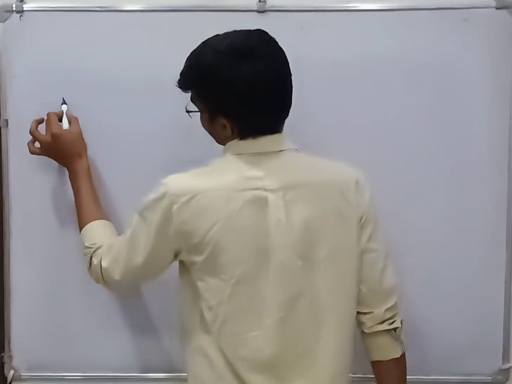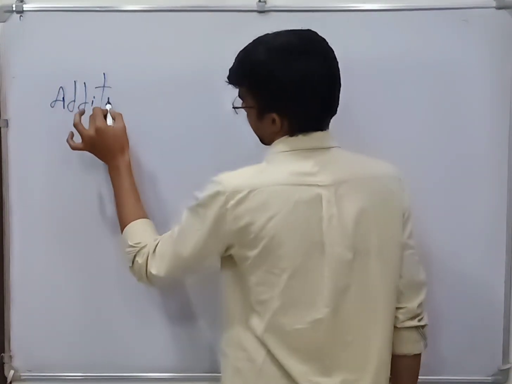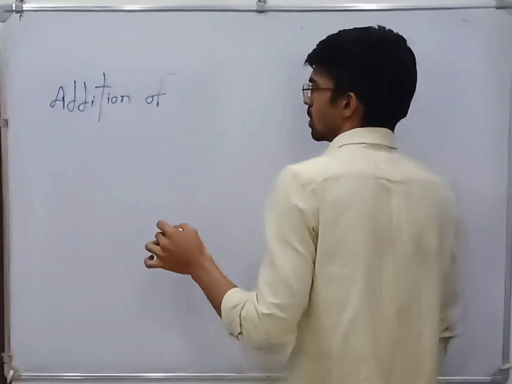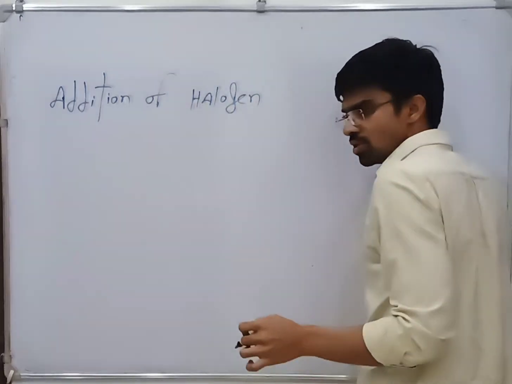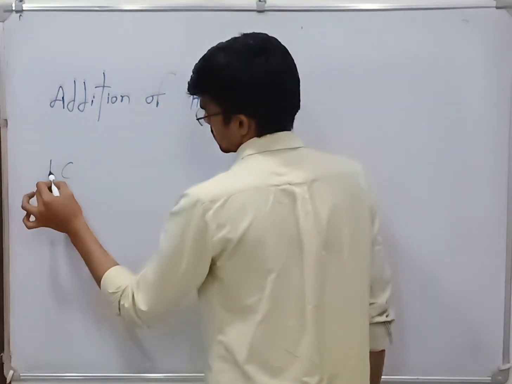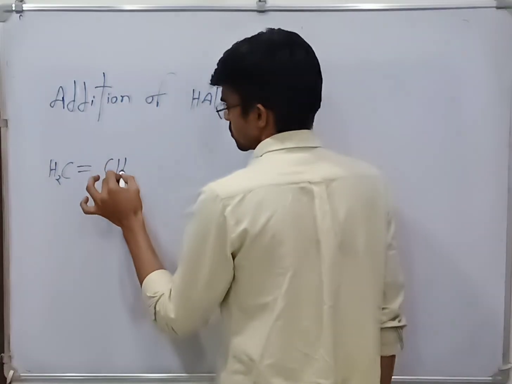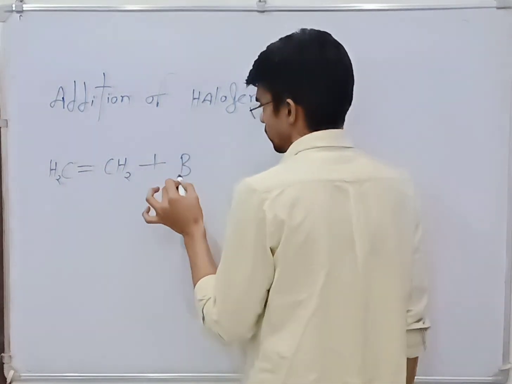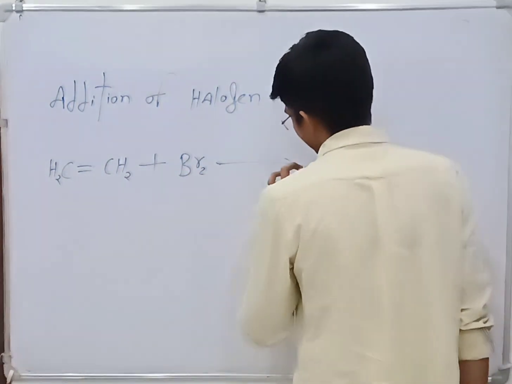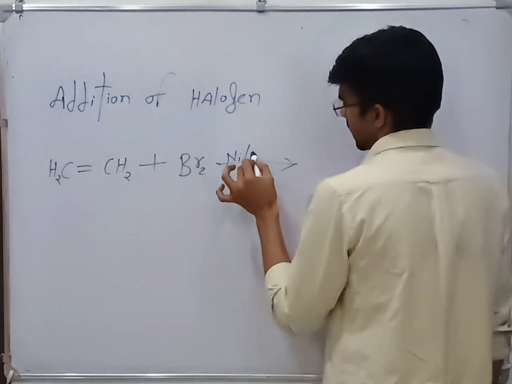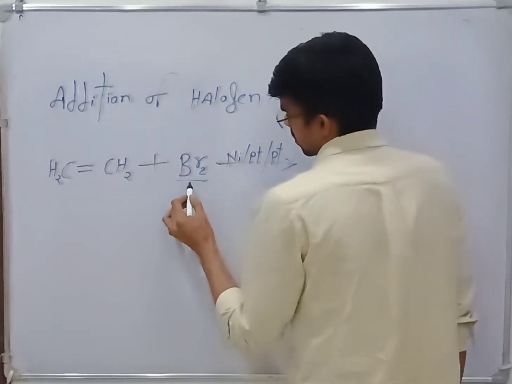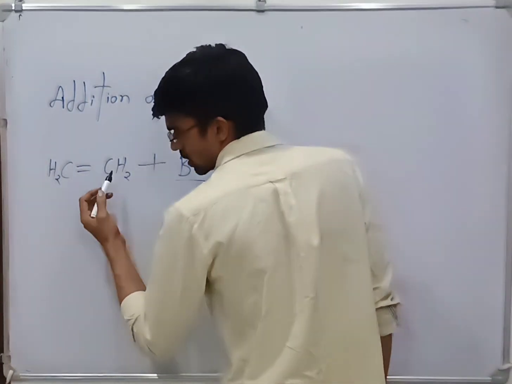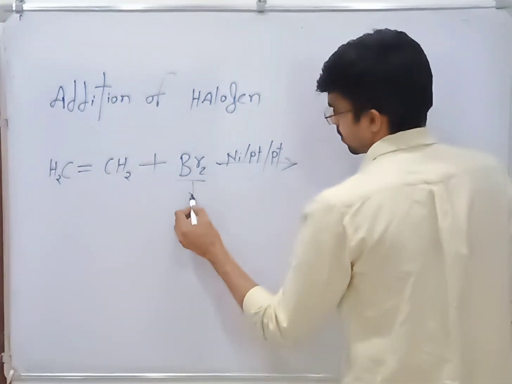Okay. Next is addition of halogen. See, when you take the alkene, that is CH2 double bond CH2, and react it with bromine in the presence of nickel, platinum, palladium, what happens? Bromine will get combined with the alkene. Normally the color of bromine is brown.